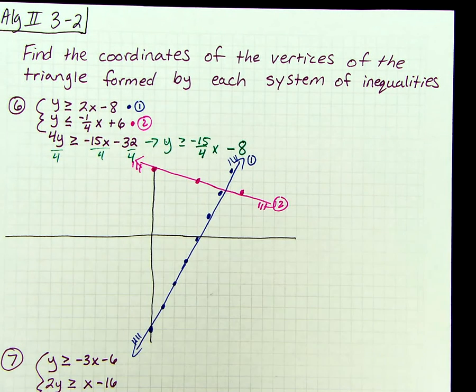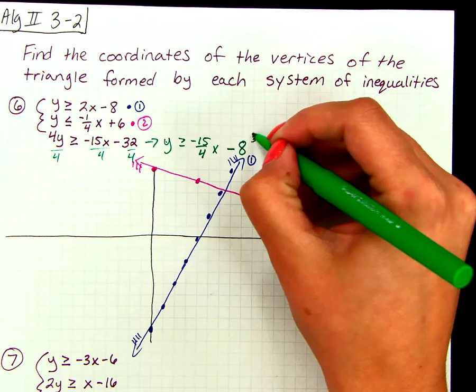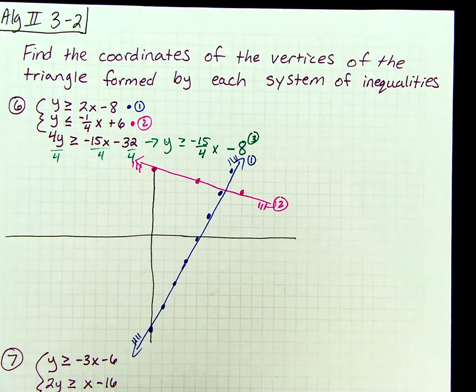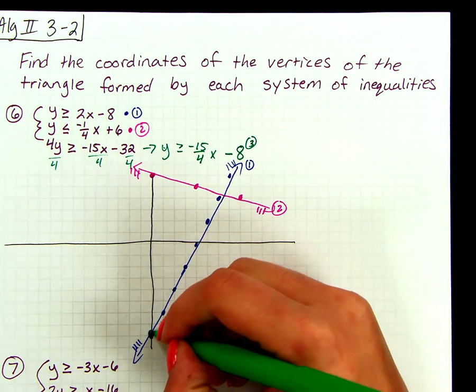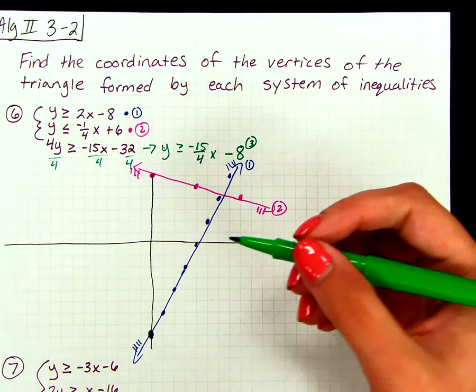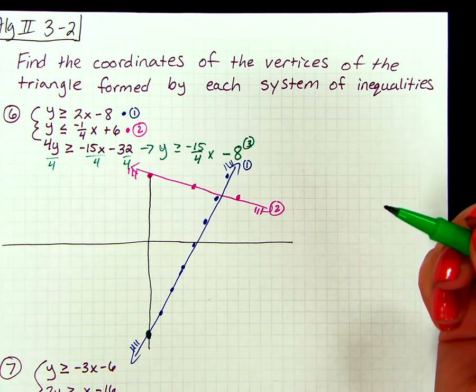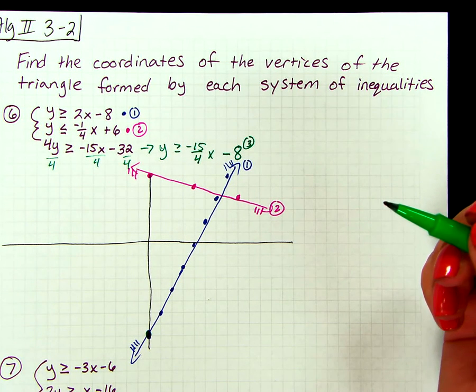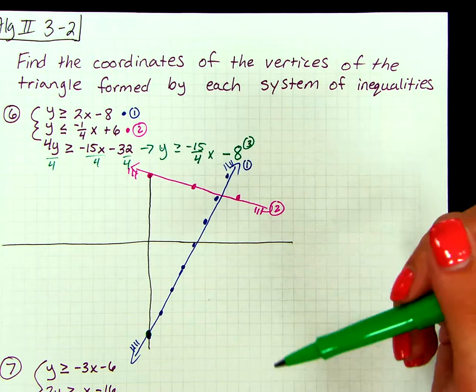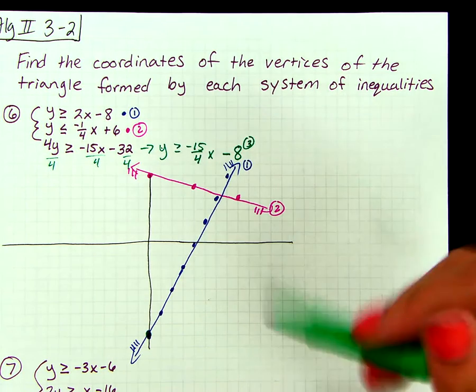And then the last one I'm going to graph in green. So this is our third one, and I already wrote it in green. So we're going down to 8 again. And we are going down 15 over 4. So I'm going to actually do this one backwards.